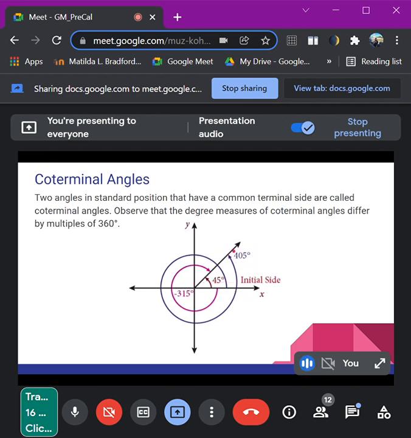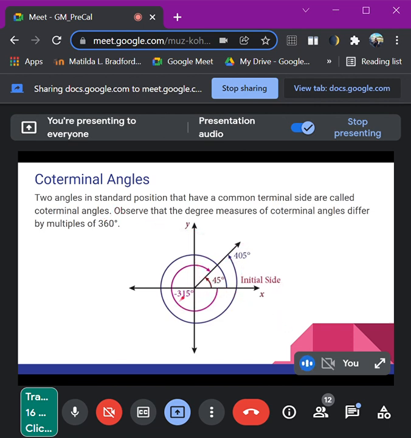Okay? Two or more angles that lie on the same terminal side, we call those coterminal angles. Now, as we can see here, class, it says to observe that the degree measures of coterminal angles differ by multiples of 360. So let's try it, class.